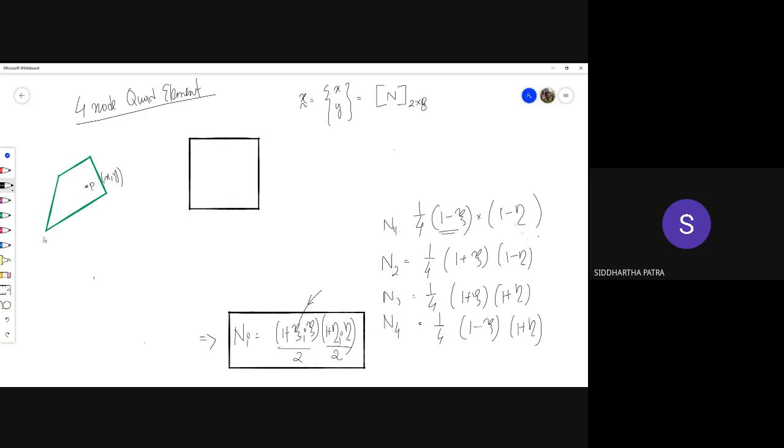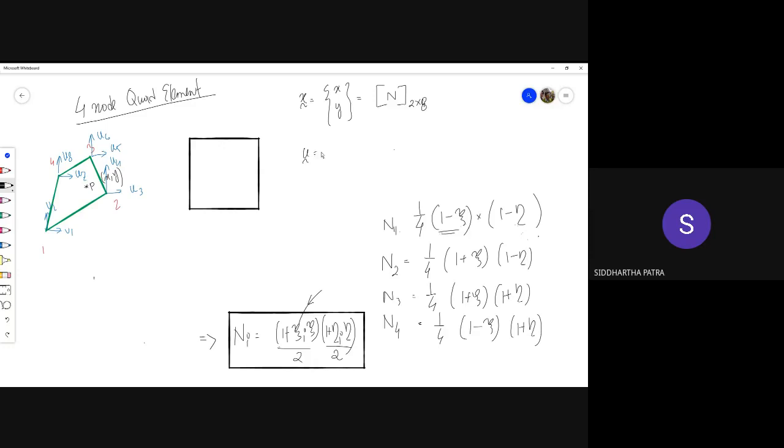You see there are 4 nodes, so 8 degrees of freedom. These are node numbers 1, 2, 3 and 4, and the degrees of freedom are u1, u2, u3, u4, u5, u6, u7, u8.